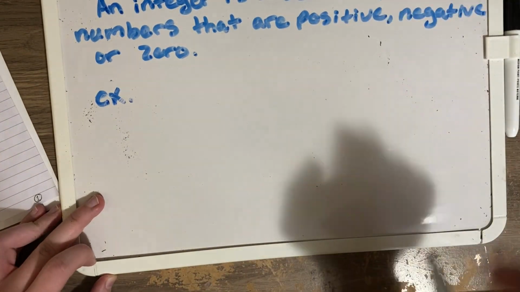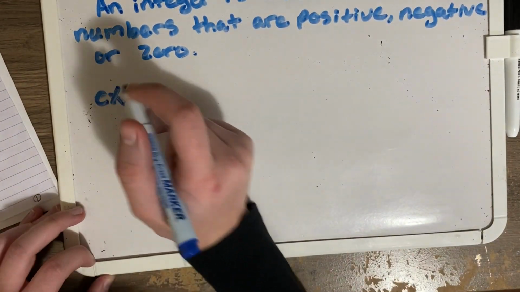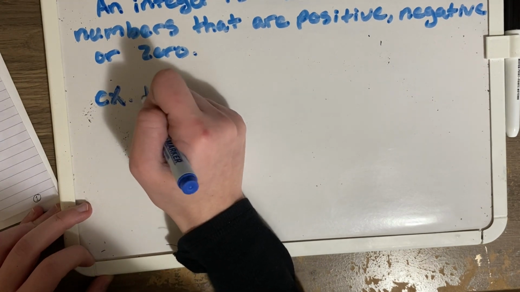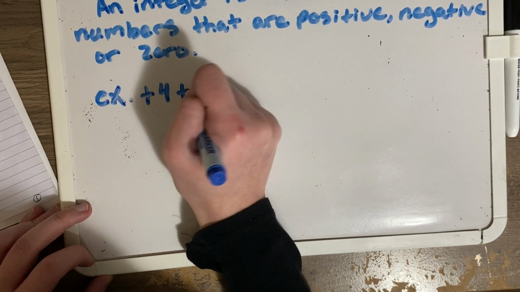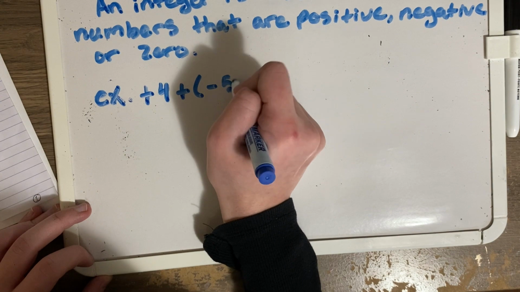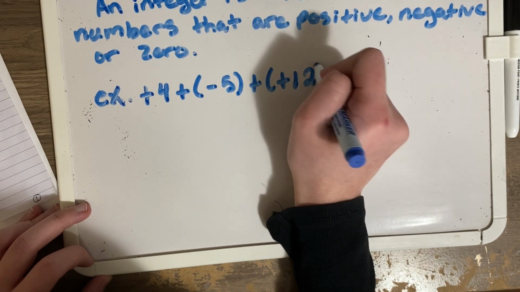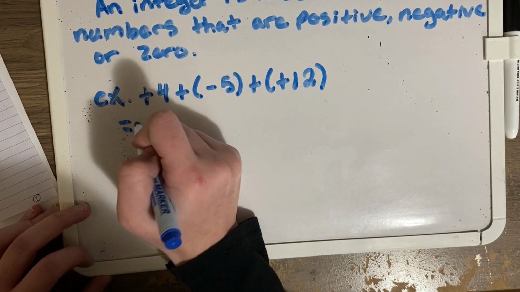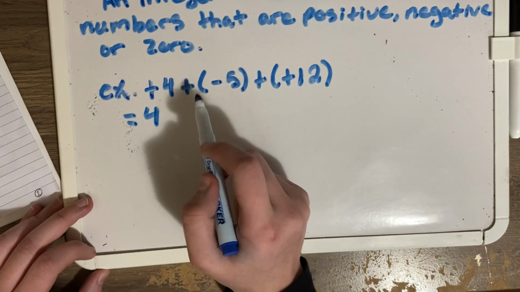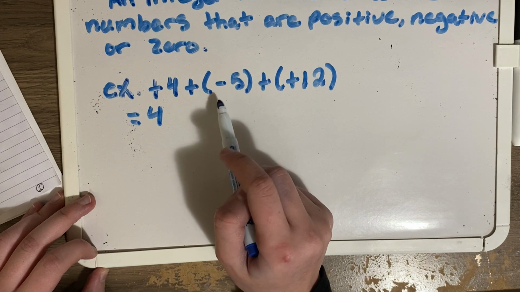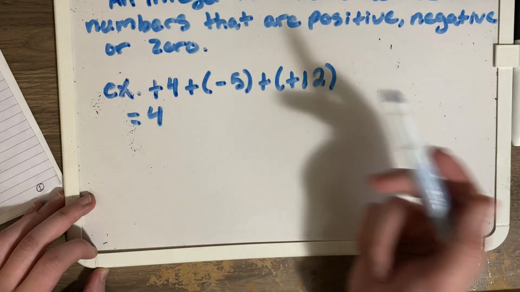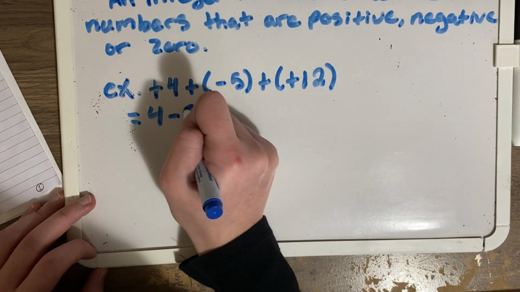Let's try one more example, with maybe more numbers. Here we've got positive 4 plus negative 5 plus positive 12. Again, we can simplify this to 4. Now we multiply whatever is outside the bracket into the bracket. A positive times a negative is going to be a negative, so it's still 5.